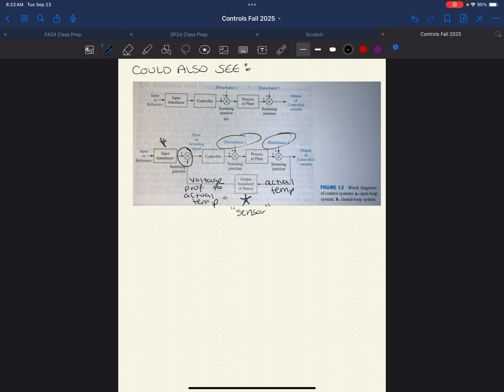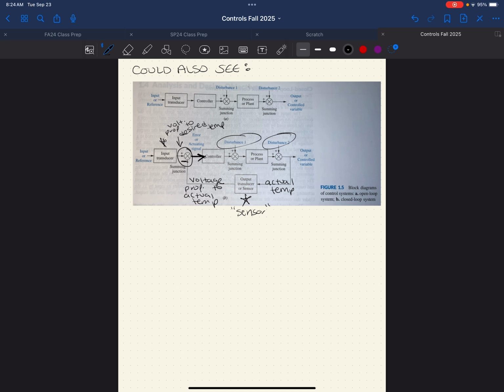such that when you go into this summing block, you take the desired temperature, or the voltage that is proportional to the desired temp, you subtract, that's why it has the minus here, you subtract the voltage proportional to the actual temp, and this signal here going into the controller is the error between the two.